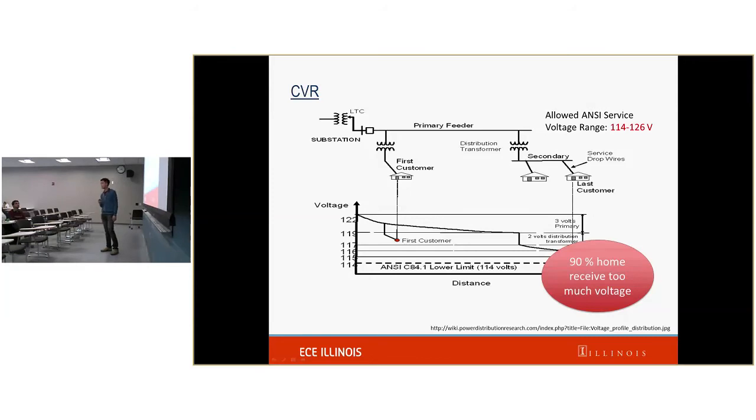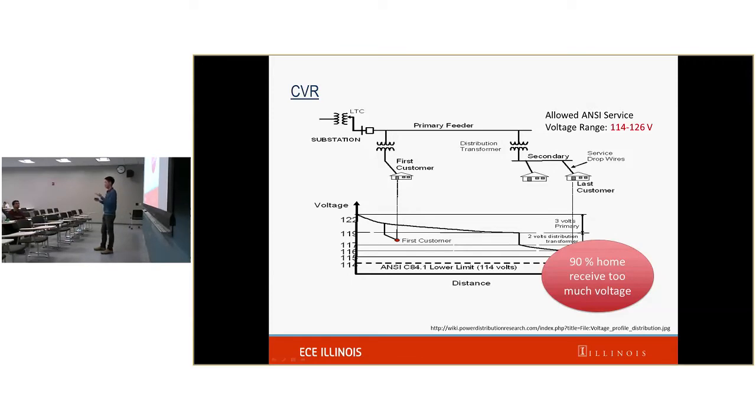However, in the United States, most residential homes on the feeder receive too much voltage. When I say too much voltage, usually they're operating between 122 and 126. Now, there's a saying that in the United States, the higher voltage you have, the better the voltage quality.